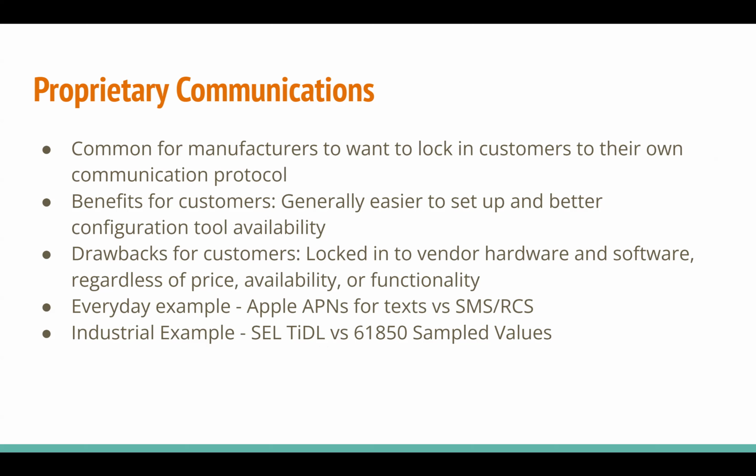Just for example, one that you might have run into in normal life is text messaging. We had an original standard for text messaging called SMS, and that's how different cell phones could all send text messages, regardless of using Android or Apple or whatever. But then some of the vendors wanted to send better messages, like with pictures or emojis, and so they started making their own protocols for that.